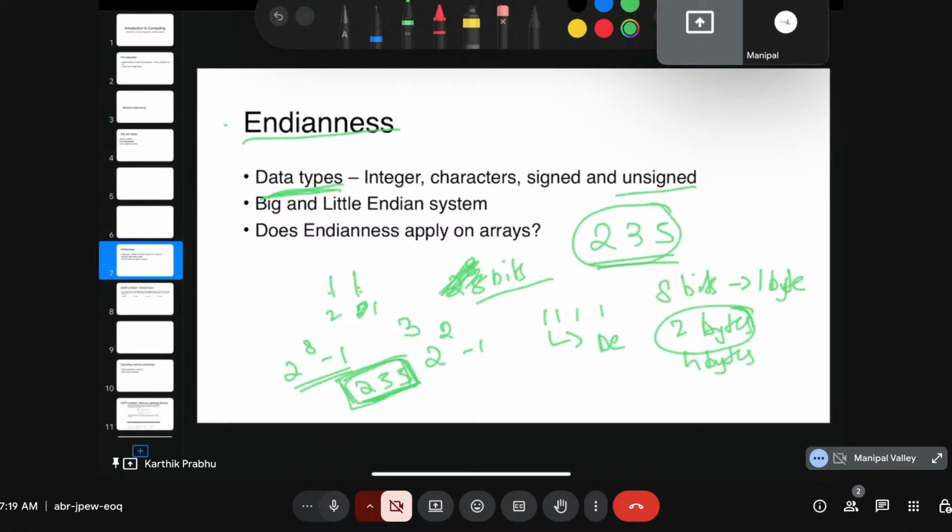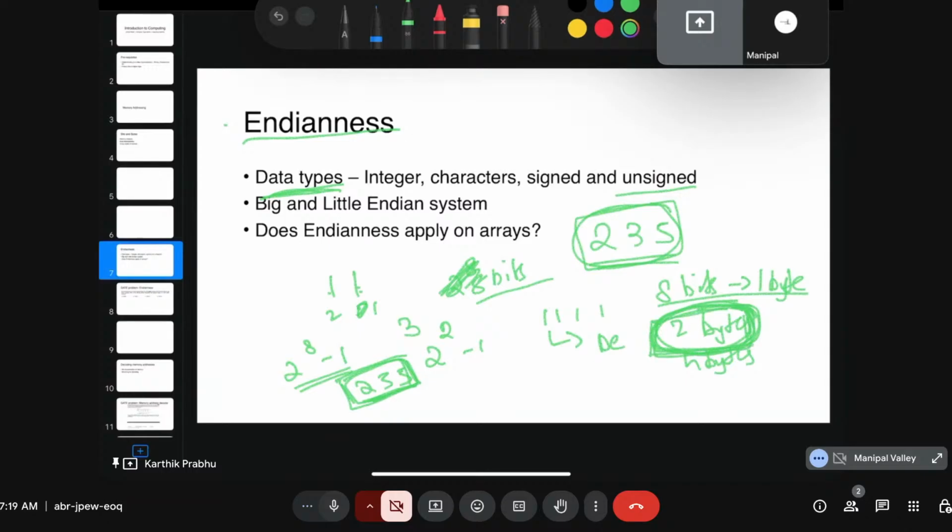That 2 bytes of memory is what you can use to store an integer. Even if the integer is small, like 235, which can fit in 8 bits, it will still be stored in 2 bytes.